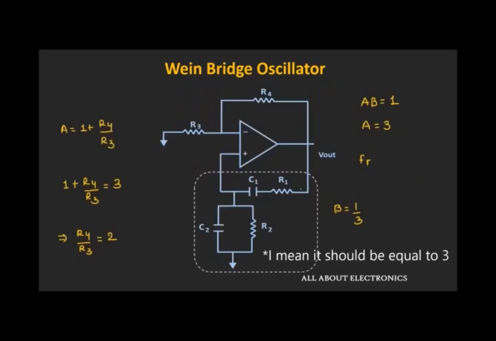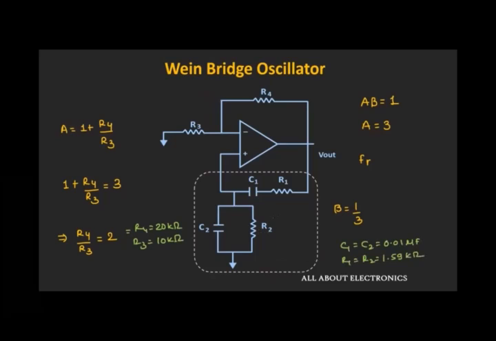And in this design, the gain of this amplifier should be equal to 2. So let us assume that R4 is equal to 20 kilo ohm and R3 is equal to 10 kilo ohm. And here C1 and C2 are 0.01 microfarad and R1 and R2 are 1.59 kilo ohm.